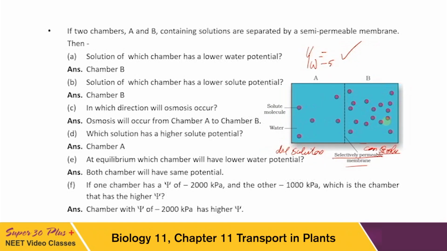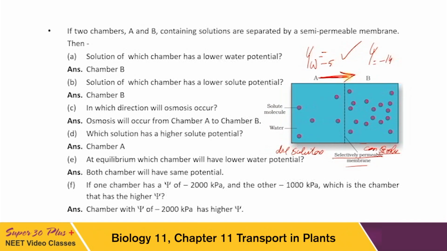What is the water potential of this? Let its water potential be minus 14. So which has more water potential? A has more water potential. The water potential of B is less. The water will move from high water potential to low water potential. Is it very much clear to you?